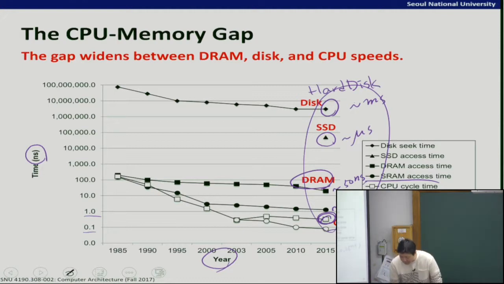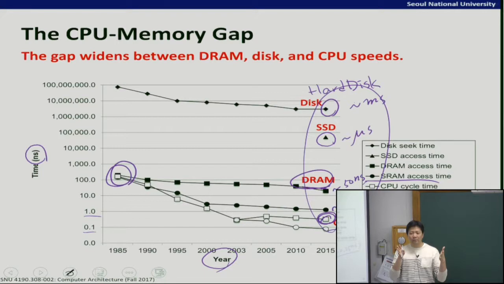And the problem is the gap between the CPU clock rate and memory. Here, in the 1980s, the DRAM access time and CPU clock cycle were comparable, meaning that every single cycle you could read a word from DRAM, because the access time of DRAM is close to the CPU clock cycle time.